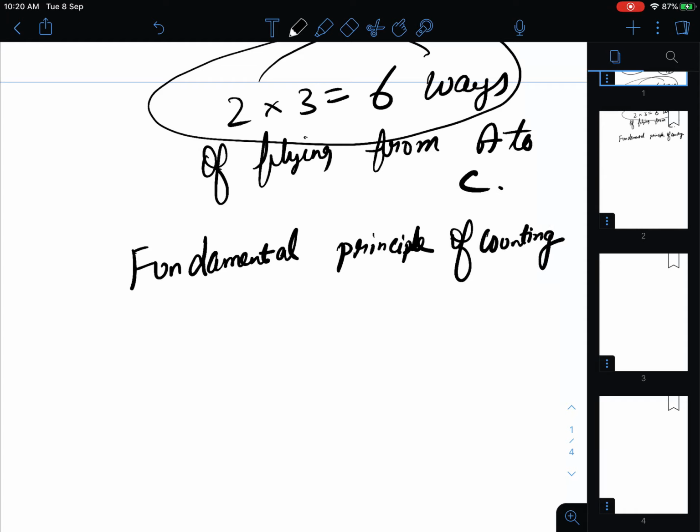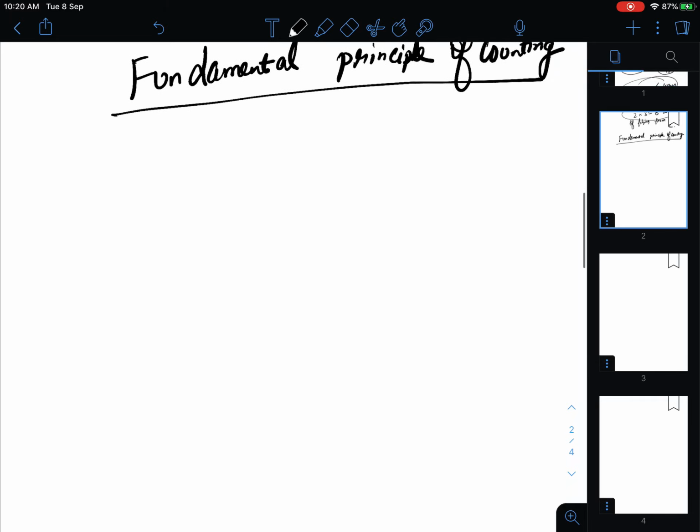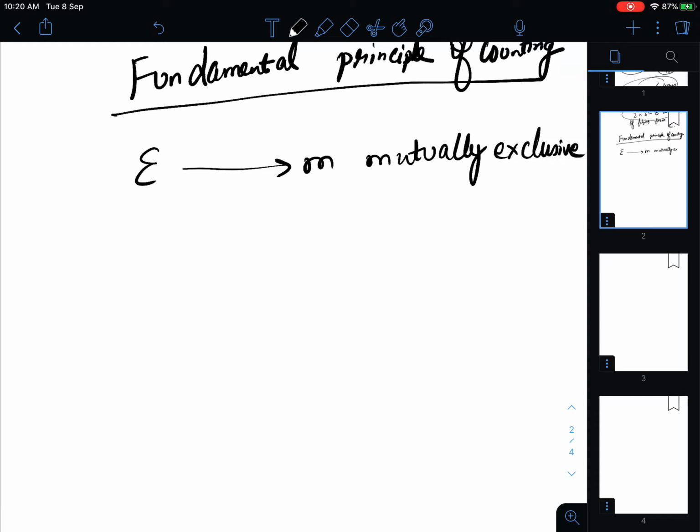It can be abstracted as follows. Suppose an event E can happen in any one of m mutually exclusive ways. Let me just explain what the word mutually exclusive means.